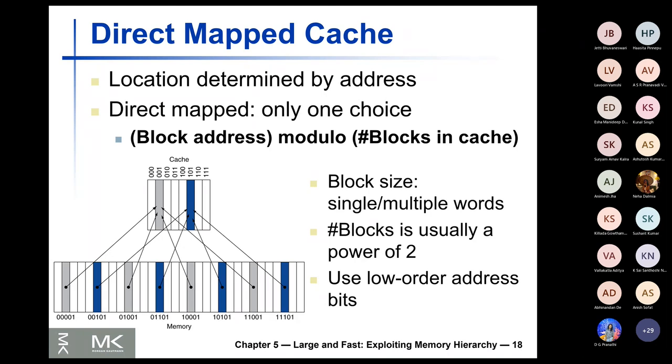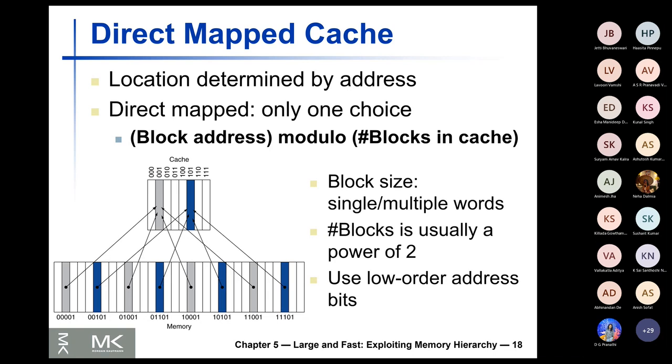One is called a direct mapped cache, where essentially the index finding mechanism is very simple. You take the block address and you calculate the modulo, the remainder, by the number of blocks in the cache.